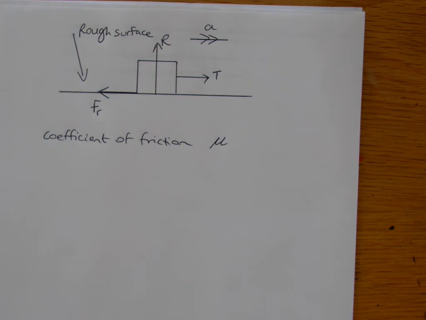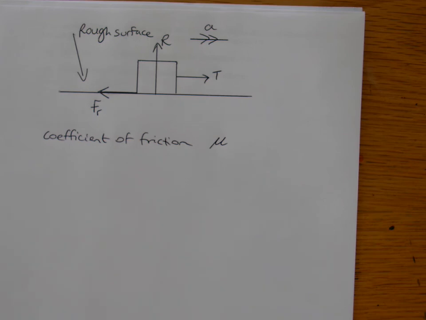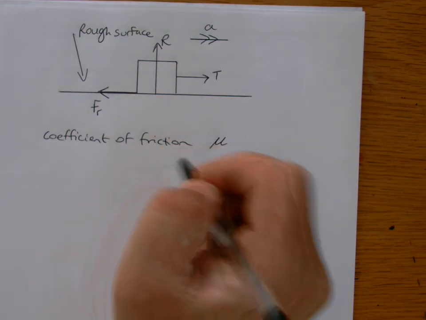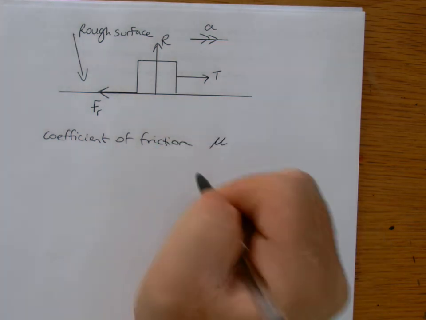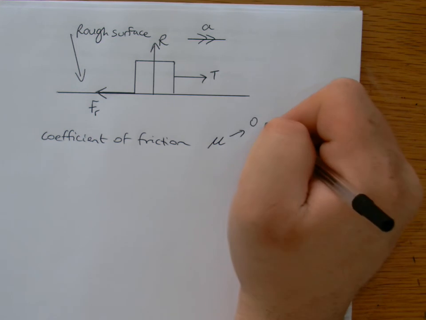The value of mu is usually between 0 and 1, so you'll see that in exam questions. If it was 0, that would mean a perfectly smooth surface, so no friction.